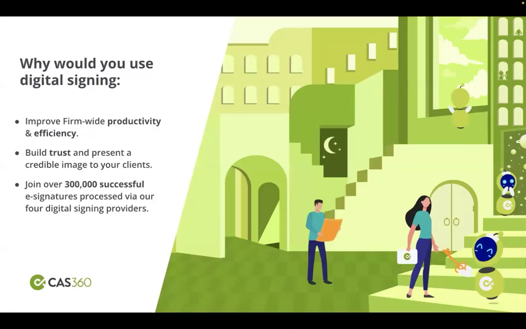Last financial year, more than 300,000 documents have been digitally signed through our 4 integrated signing partners. So as you can see, implementing digital signing not only streamlines your firm's workflow, but also enhances efficiency, accuracy, and your client's overall experience.